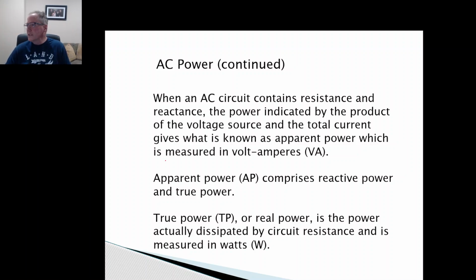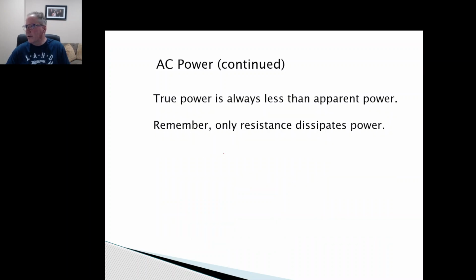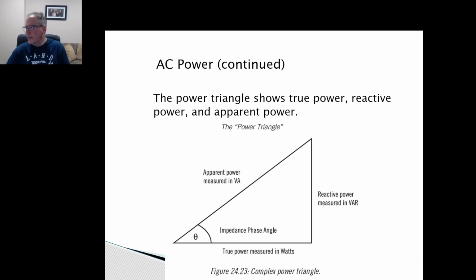All right, so with this power, we're going to have a couple of different powers that we're going to deal with. The apparent power, and then the true power, and then we also have the reactive power. So notice the true power is from the resistance.